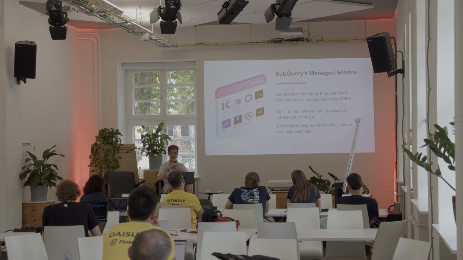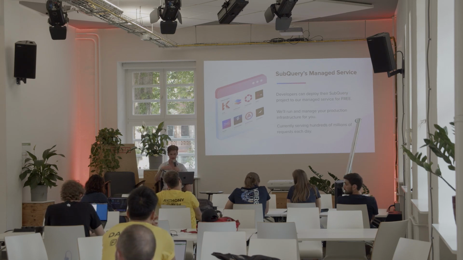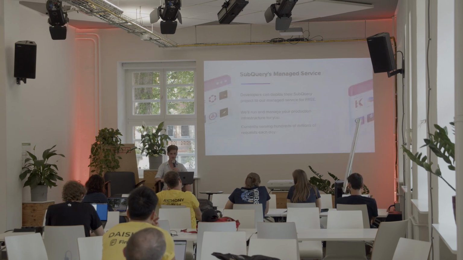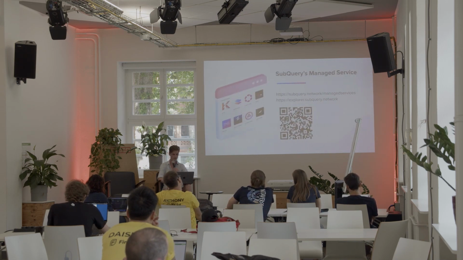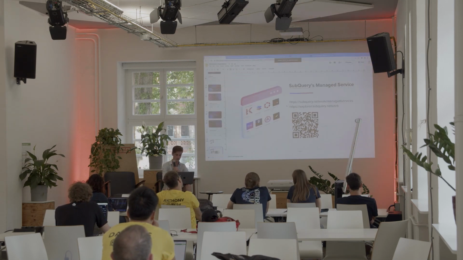So when things break, we're the ones that wake up at 3 in the morning. That serves hundreds of millions of requests per day. But that's there for you if you want to scale this up to a production application. We're also working on a decentralized network. That's the view there. I can quickly jump over to the Explorer and take a look.